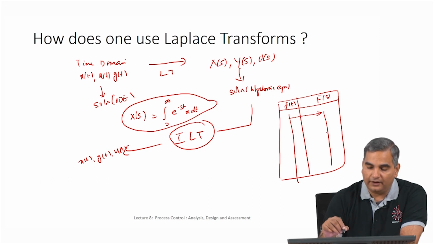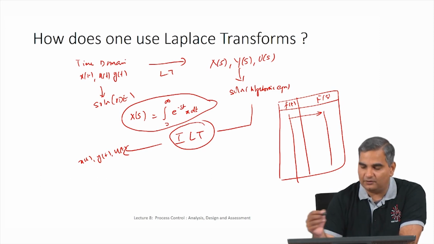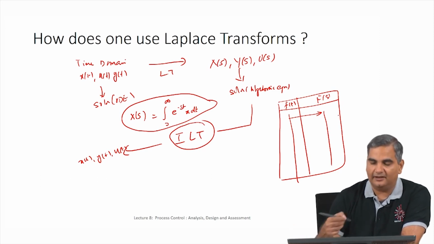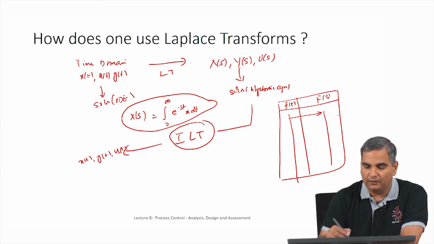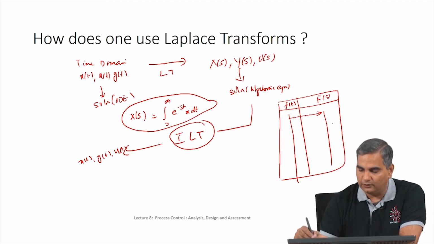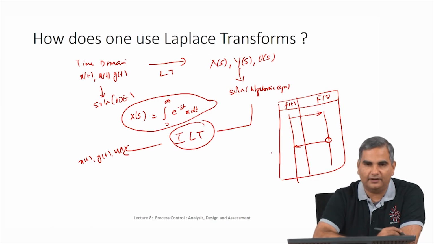Now, if you are interested in the inverse Laplace transform, it is very simple. What I do is I go and look for whatever I want to invert in this column, and then say, okay, I find it here, so I go in this direction and I get the corresponding time domain function.